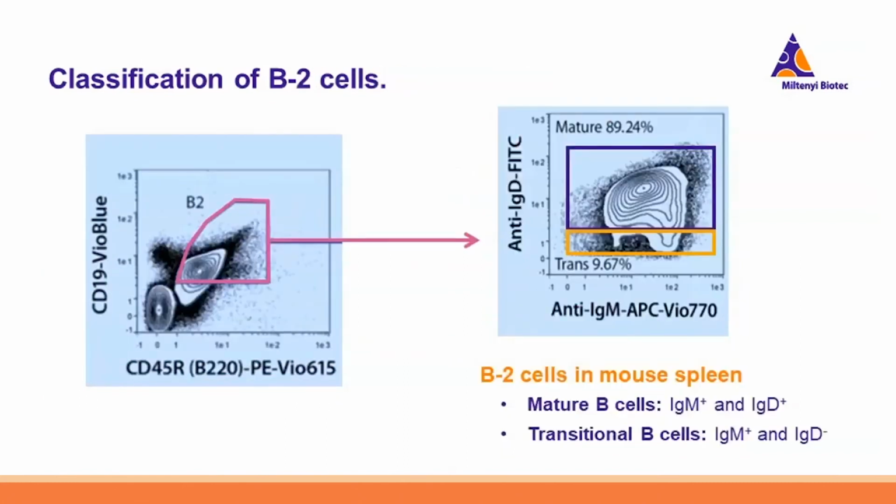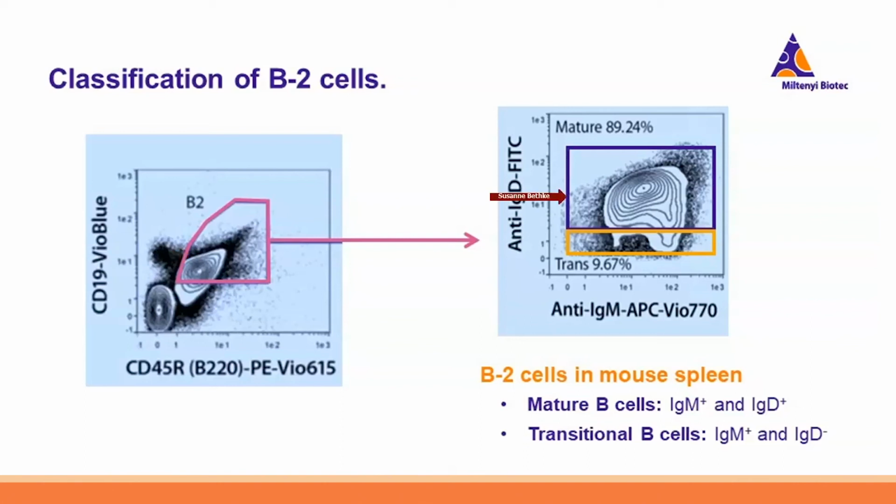And then we go closer into the classification of the B2 cells. So now we use the B2 panel, because you can nicely analyze the B2 cells there. Here you see the B2 gate up here, and here you can look more closely into it when you check for IgM and IgD to see if you have mature B cells or transitional B cells.